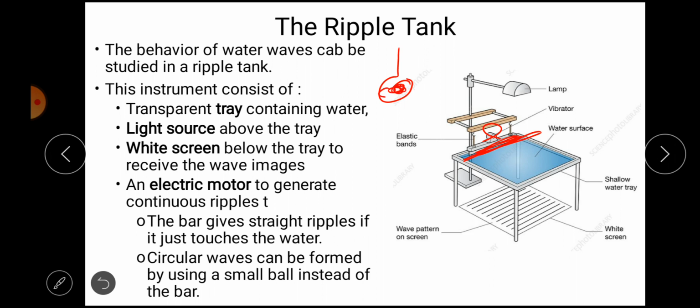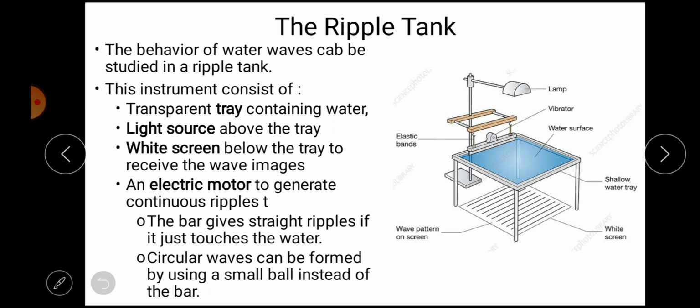The ball is caused to vibrate by the motor, and then it dips and touches the surface of the water in the tray, and waves are formed. Or if we are using the bar, which we already have here in this ripple tank, this one is going to give us straight waves.